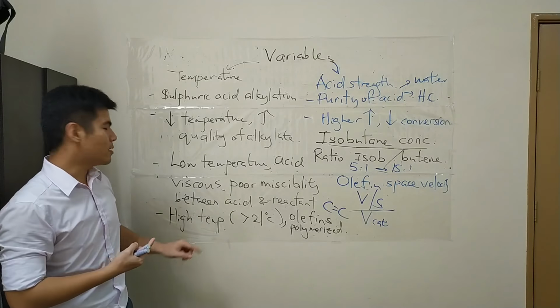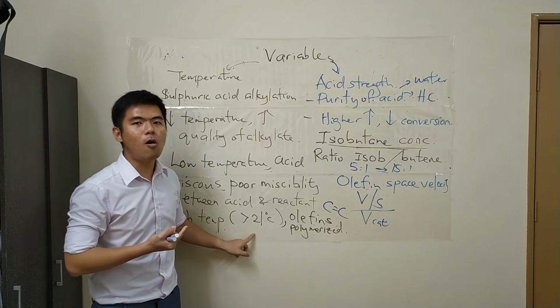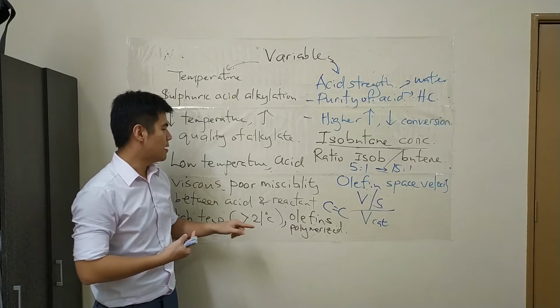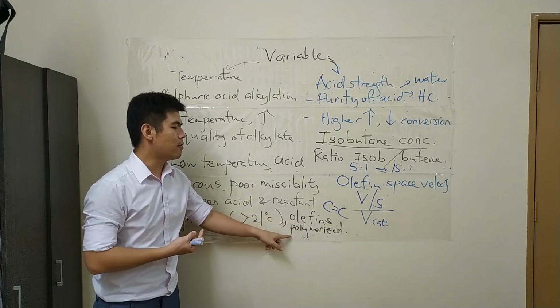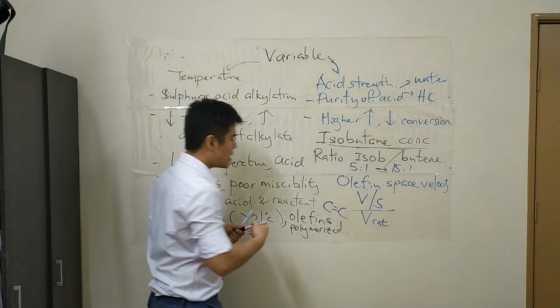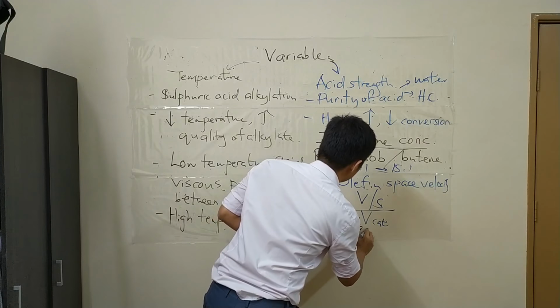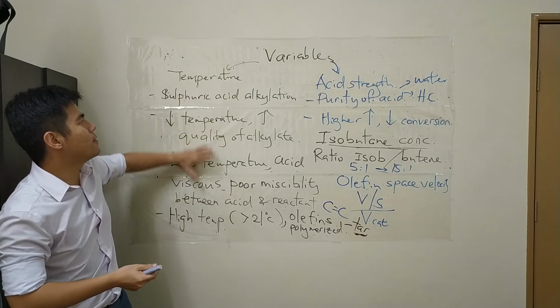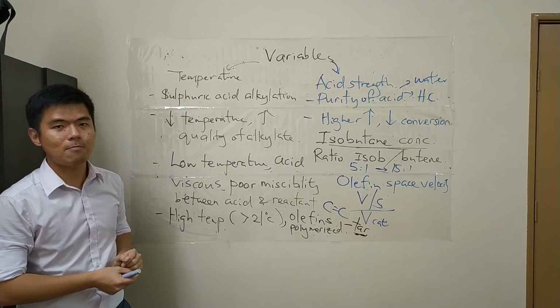But if the temperature is too high, for example more than 21 degrees Celsius for sulfuric acid alkylation, olefins will be polymerized. Then it will form tar, T-A-R, tar. So this is a summary of the first operating variable, temperature.